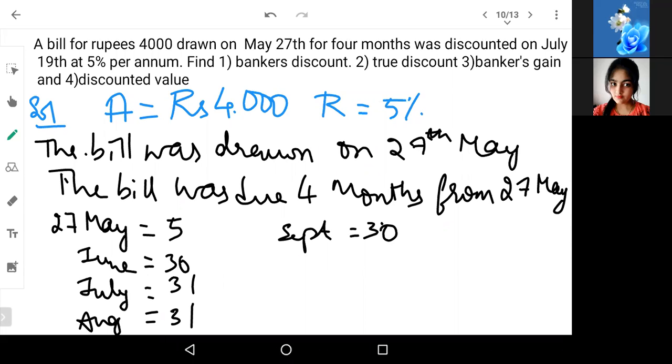Now, in every bill of exchange, you are supposed to add 3 days as grace. I hope you remember this concept. When it is a bill of exchange, we add 3 days as grace days. Now that also we are adding. From 27th, 4 months means June, July, August, September. Wait, this is not the full 30 days.